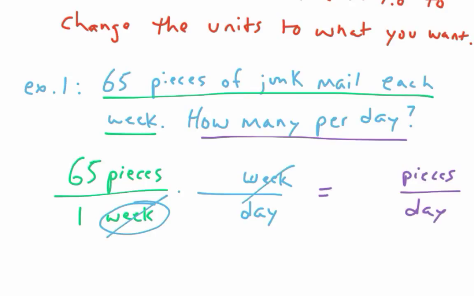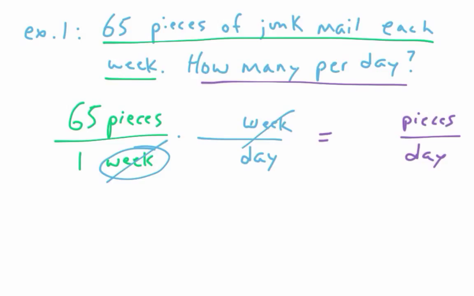So the blue fraction, we need to make it where the numbers work so that this really just equals 1. Because you agree, I could do 65 times 1, and I'm not changing the value of it at all. Okay. So how many weeks and how many days? Perfect. So do you agree, I could say 1 week over 7 days, and I'm really just multiplying by 1, because 1 week is 7 days.